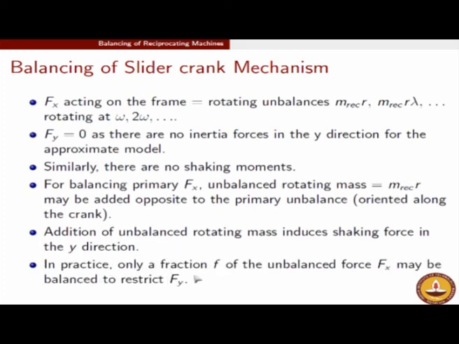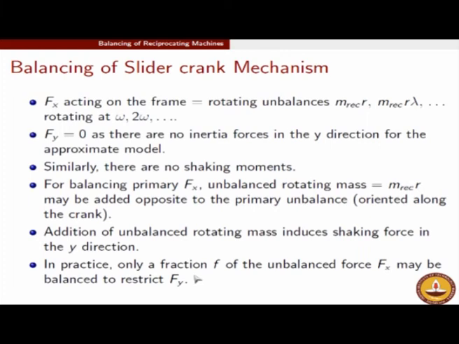So in practice, only a fraction of the unbalanced force in the x direction will be mitigated. That will lead to a fractional quantity of unbalanced force coming in the y direction, but we will not try to completely balance the x directional forces, because if we try to completely balance the x directional forces, the y directional forces will completely take on its effect.